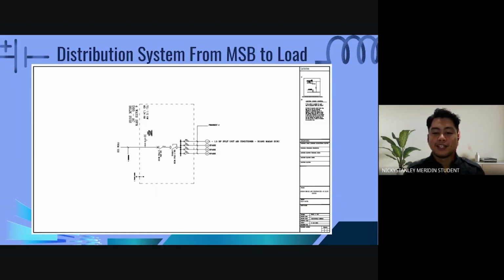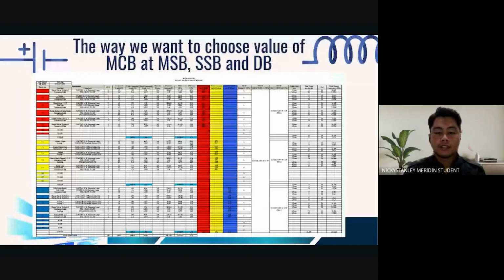So that's why we use the single phase diagram, and you can also see the TNB document here.